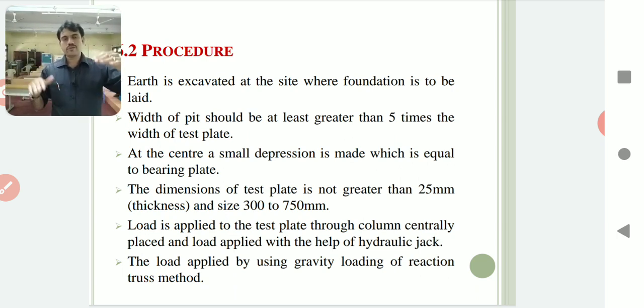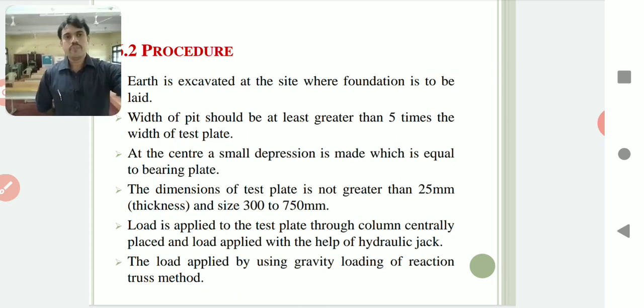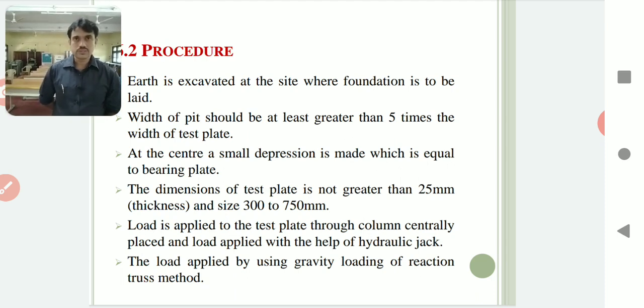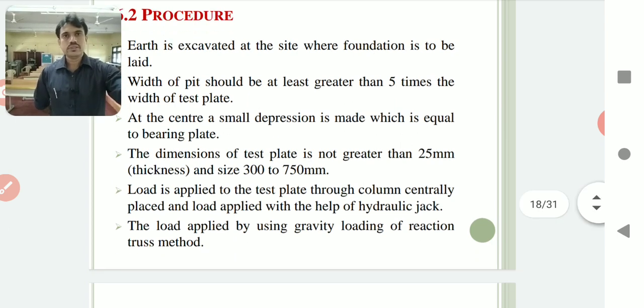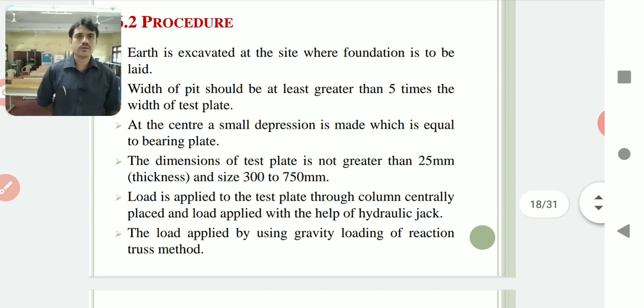Over the plank we have placed sandbags, or otherwise we can introduce a reaction truss. Both are the same. That means we will place the plate exactly at the center of the trench, and then over that we will place the hydraulic jack. By the use of the hydraulic jack we can apply the load gradually. That is the purpose of this hydraulic jack.